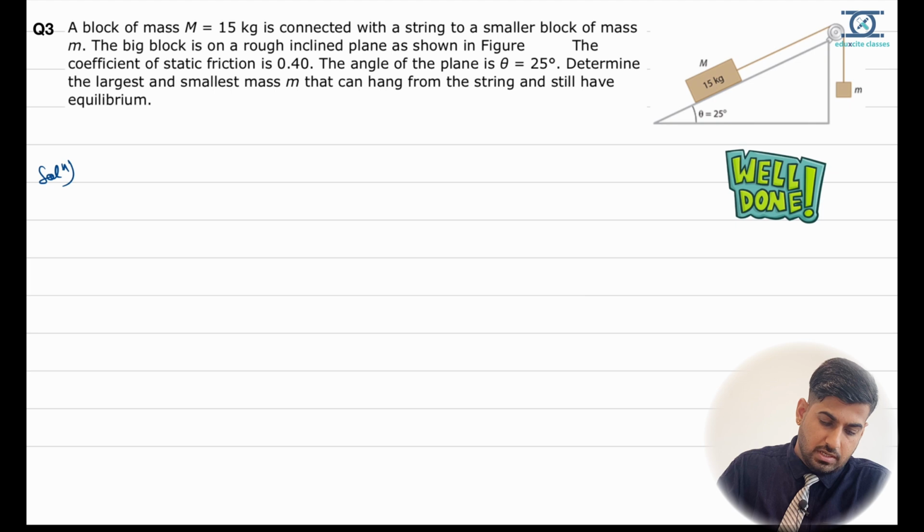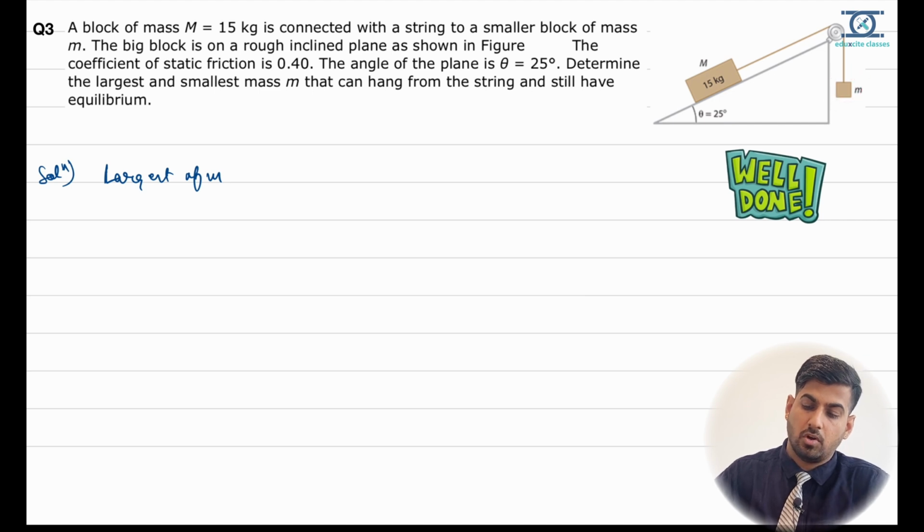Okay. Now if you look here, for maximum, let us start with the largest value of small m. So largest value of small m means the block will move in this direction and this will move in the upward direction, right? And they are not supposed to move. So, for the largest value of m, the block of 15 kg has a tendency to move upward. So the friction will act in the downward direction, right?